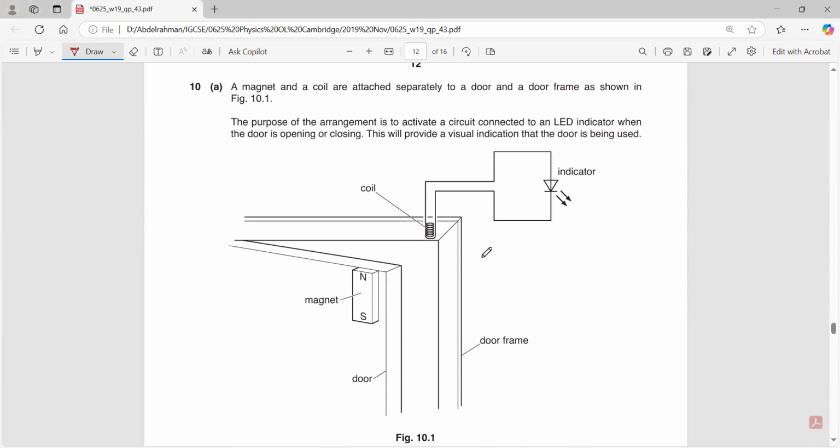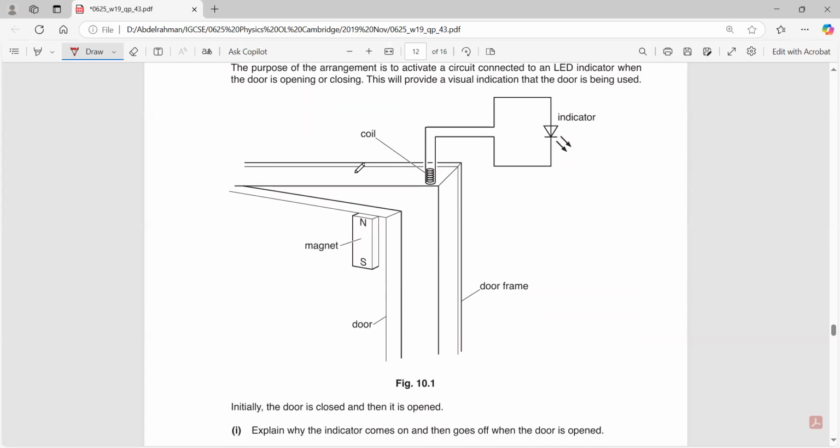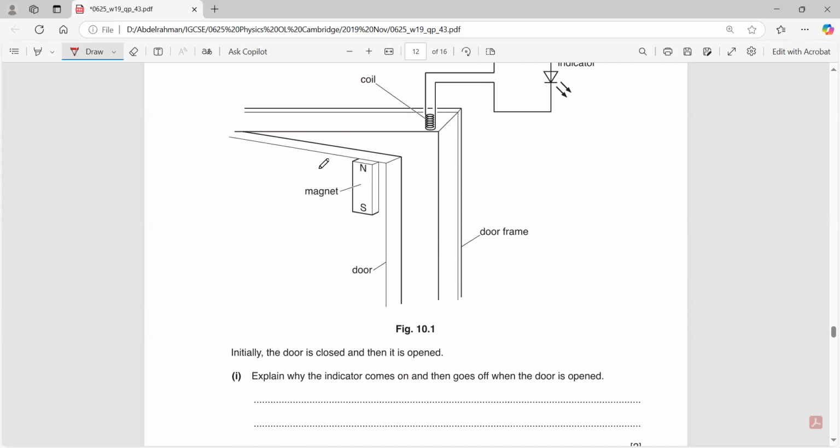Question 10. A magnet and a coil are attached separately to a door and a door frame as shown in figure 10.1. The purpose of the arrangement is to activate the circuit connected to an LED indicator when the door is opening or closing. Initially the door is closed and then it is opened.